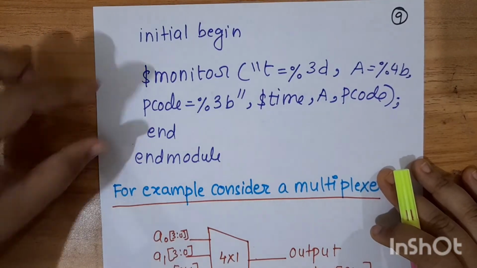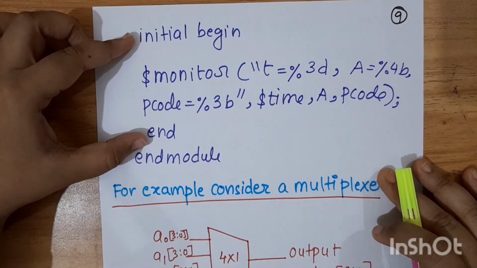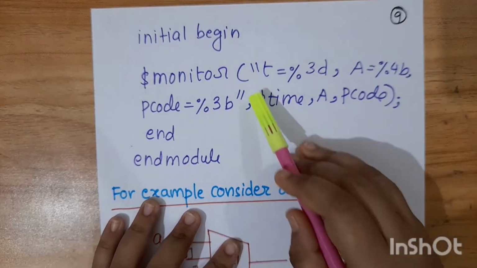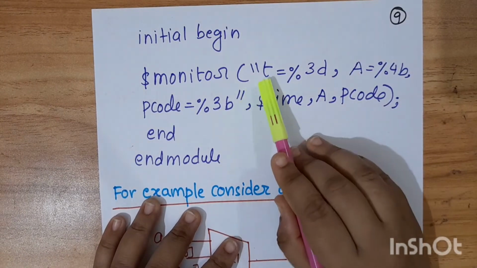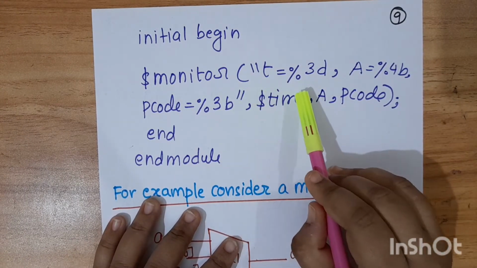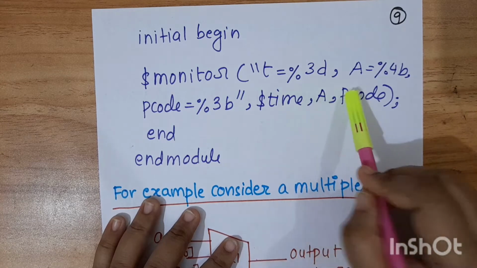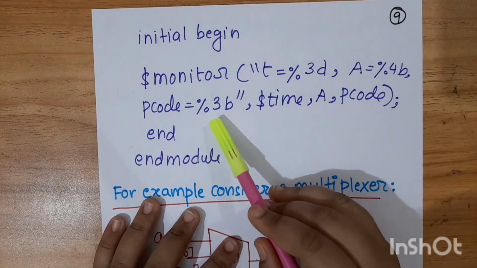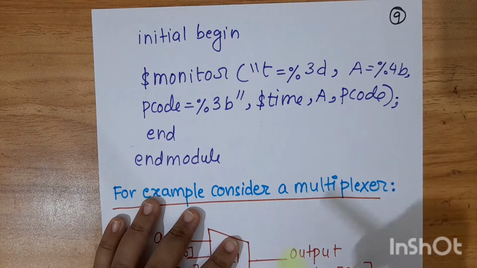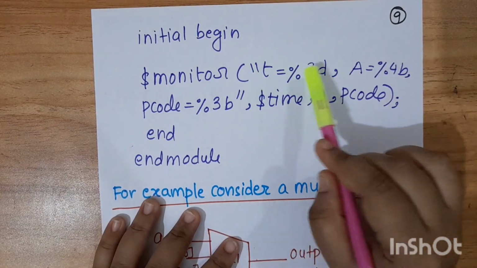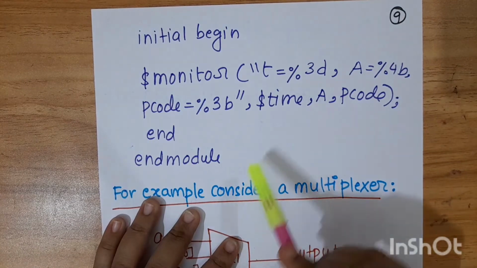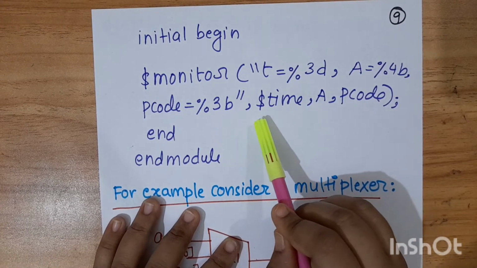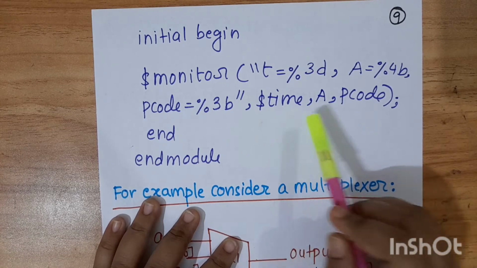Inside the module stimulus, I have provided another initial begin end block where the $monitor statement has been put. Inside the $monitor statement, inside the double quotes, T is equal to %3D, comma A is equal to %4B, comma P code is equal to %3B. Okay, and these are the format strings. For T, the system task $time will be called.